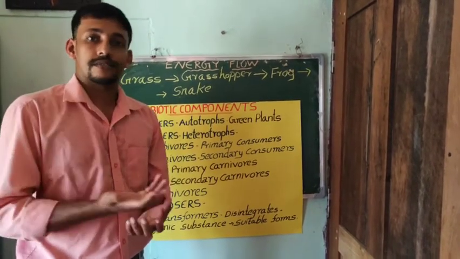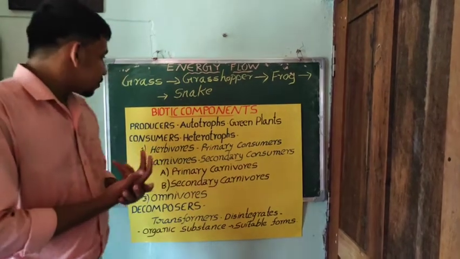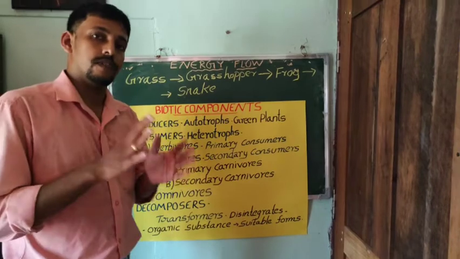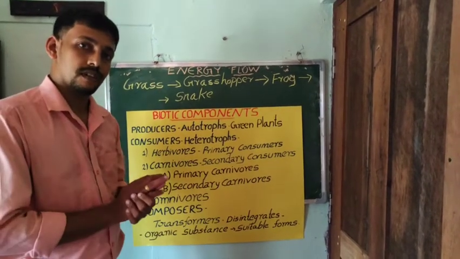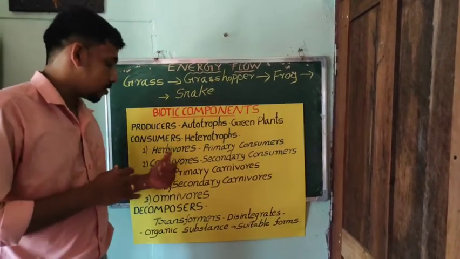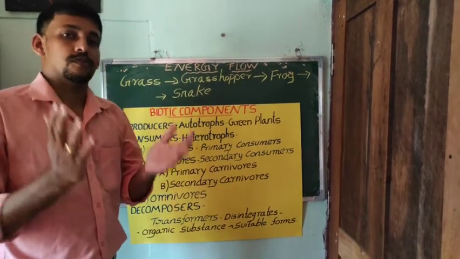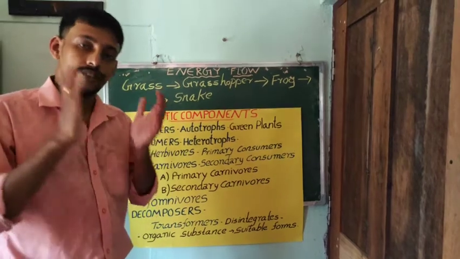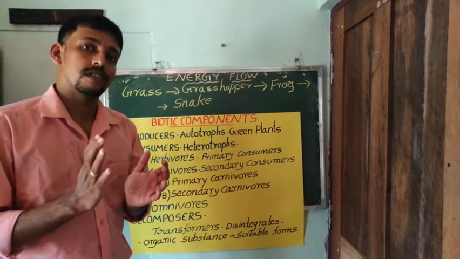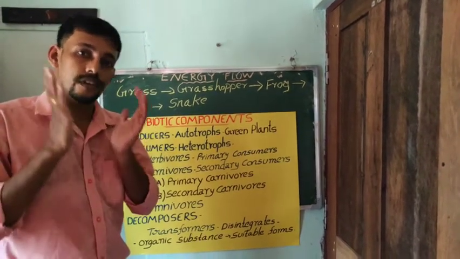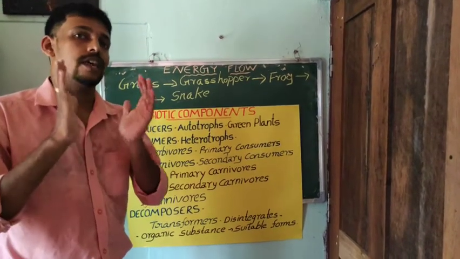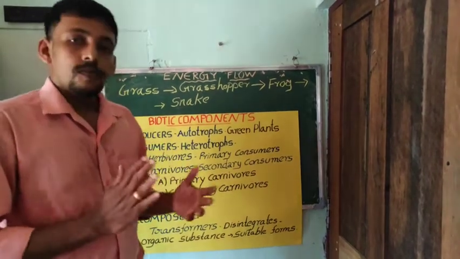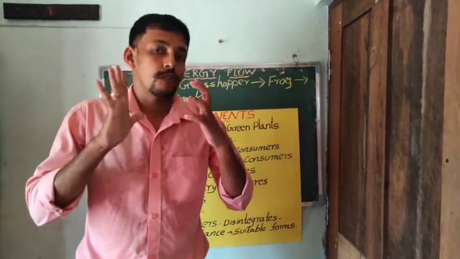So far we have discussed the biotic components of the ecosystem. There are producers, consumers and decomposers. All these living organisms constitute the biotic or living component of the ecosystem.